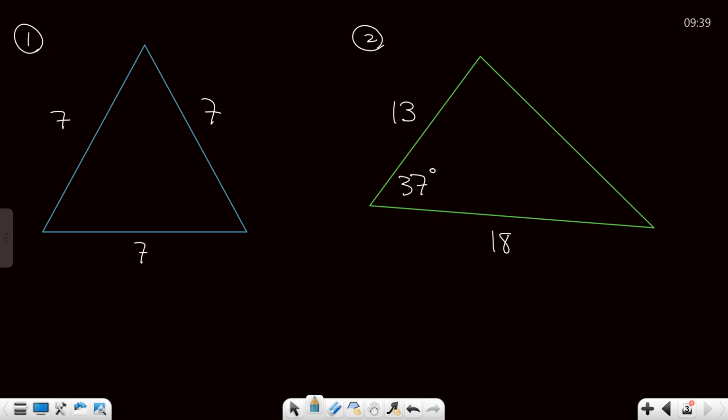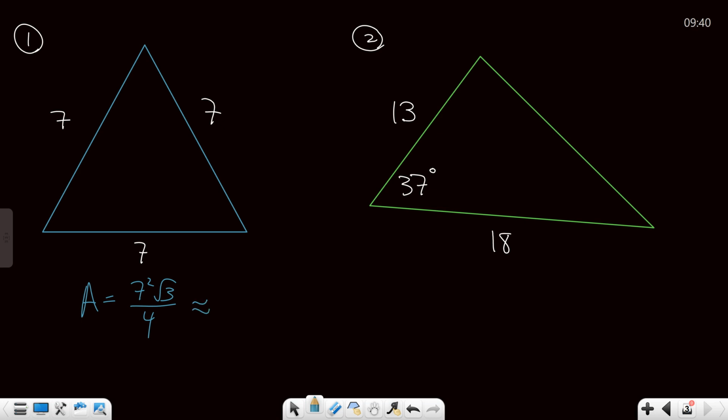Rebecca, what'd you get for number 1? 21.22 units squared. How'd you get that? I did 7 squared times the square root of 3 divided by 4. Outstanding.